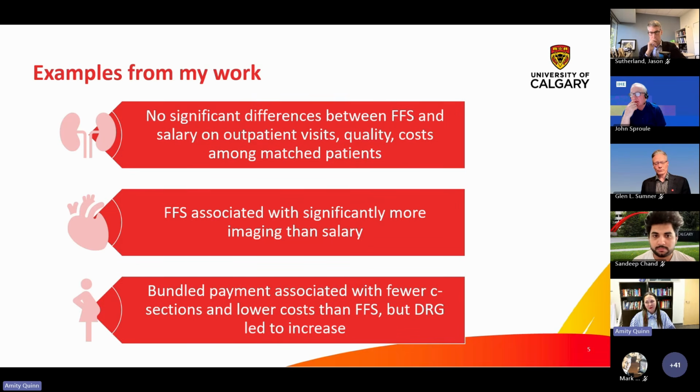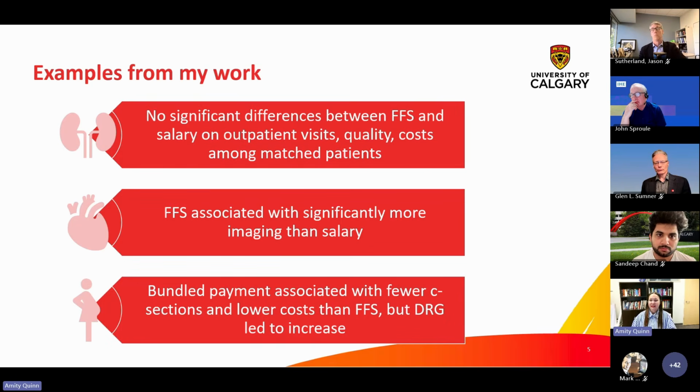That work found that bundled payments compared to fee for service were associated with fewer cesarean deliveries and lower costs. But when we looked at a different type of episode or case-based approach to payment, that was actually associated with an increase in cesarean deliveries compared to fee for service.